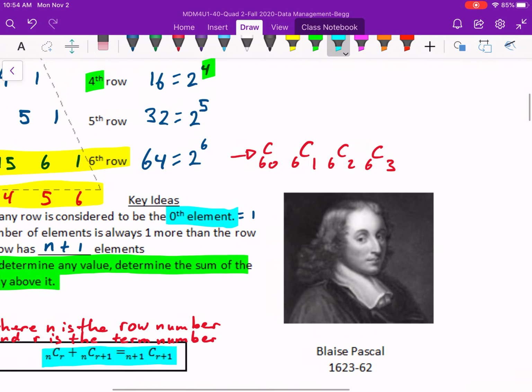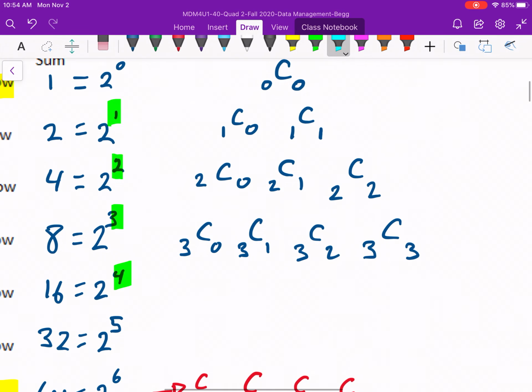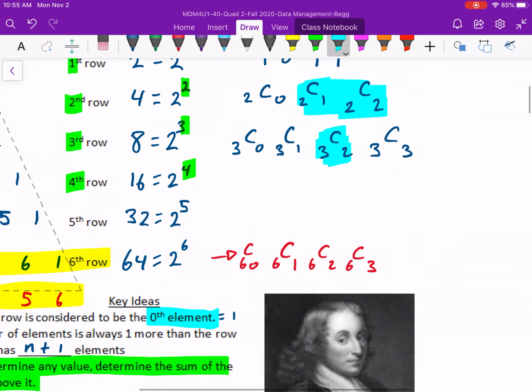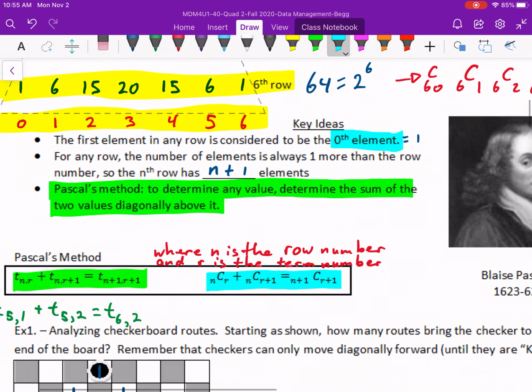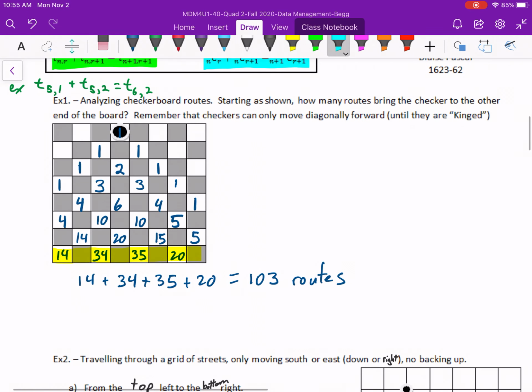You can compare that to, say, any two elements. Say I pick these two elements. If n was 2 and r was 1, then nCr is the first one on the left. nCr+1 would be the 2C2, and n+1 would give me row 3, and r+1 would give me the element 2. So there's another version of Pascal's method.